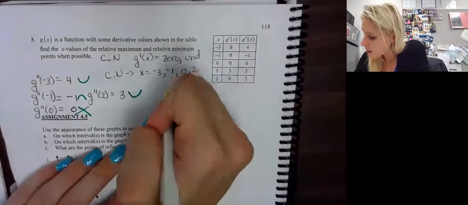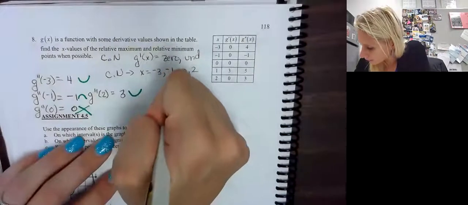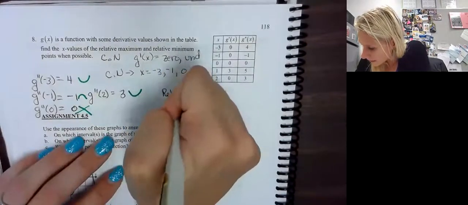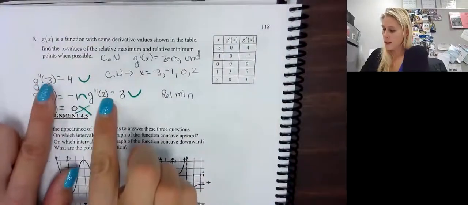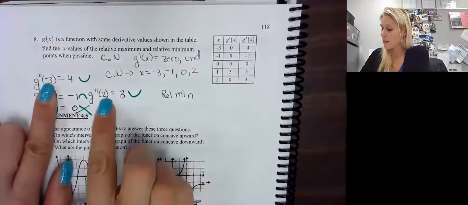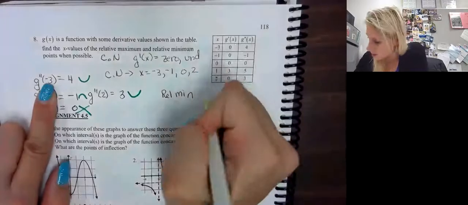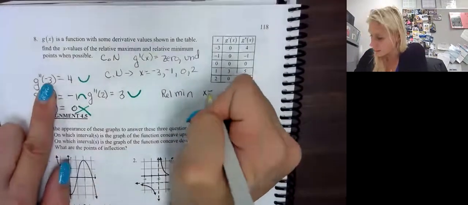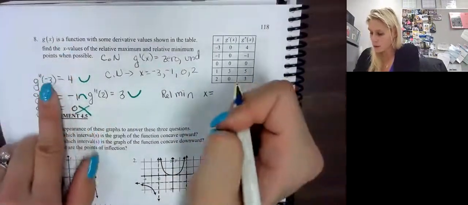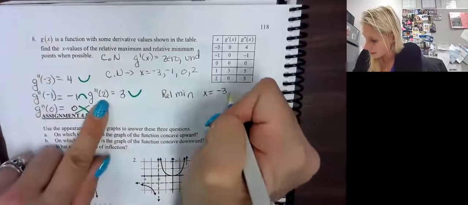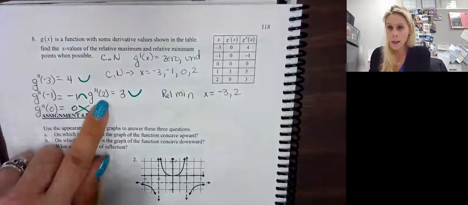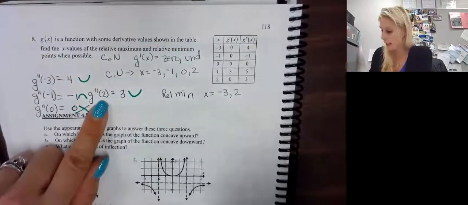All right, so we have a relative min, and if you see, we have a min at -3 and at 2. And it just says I want the x values, so I just have to state that at -3 and at 2. Now, how do we know that if we were to explain why?